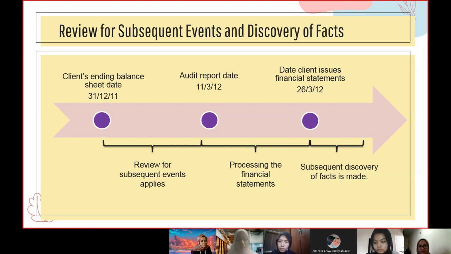If there is a misstatement after the audit report, which is on 11 March 2012, before the financial statement is issued on 26 March 2012, we require the financial statement to be revised before the financial statement is issued.